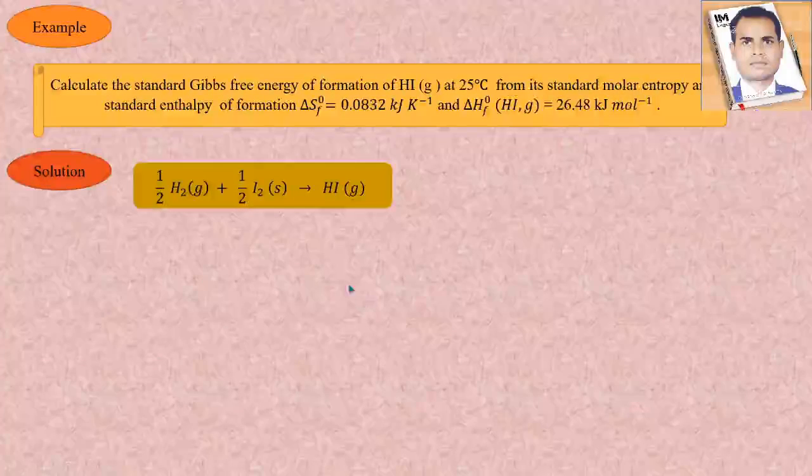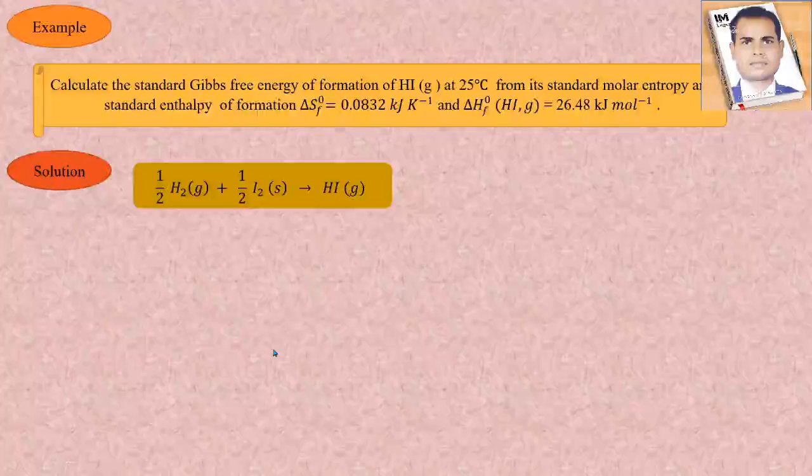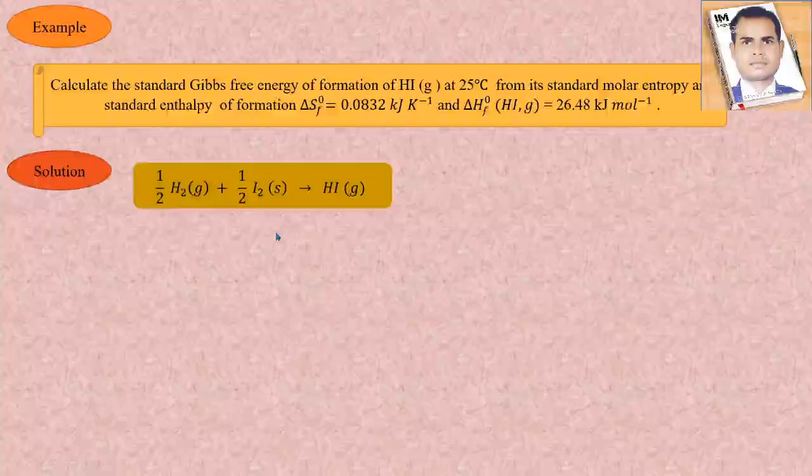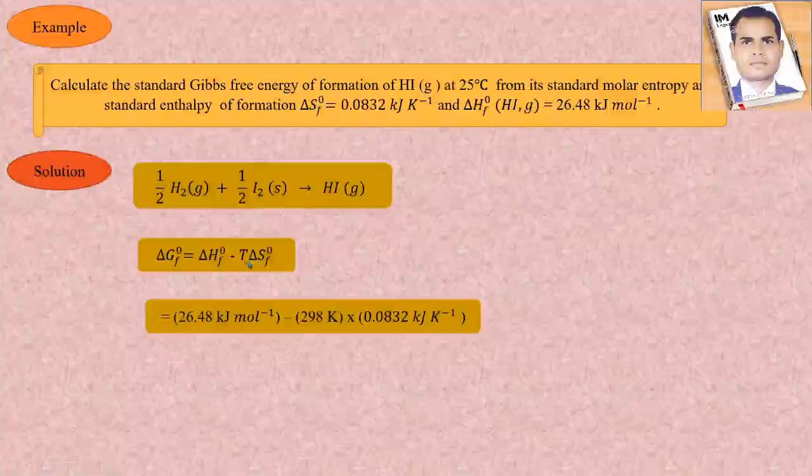Here we apply the standard Gibbs free energy equation, which we can write this way: delta G0F is equal to delta H0F minus T delta S0F.